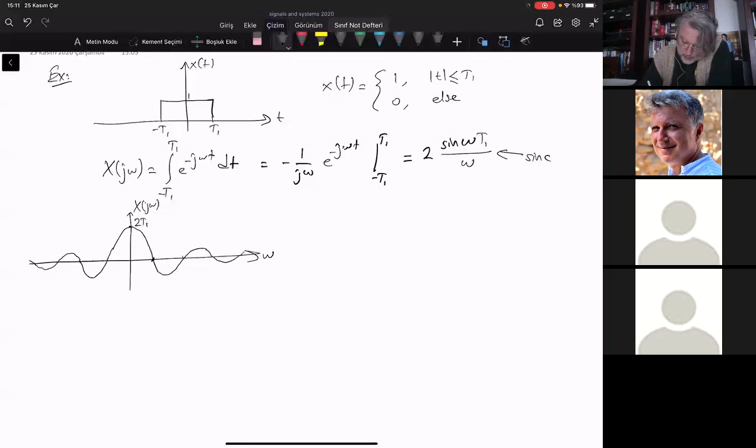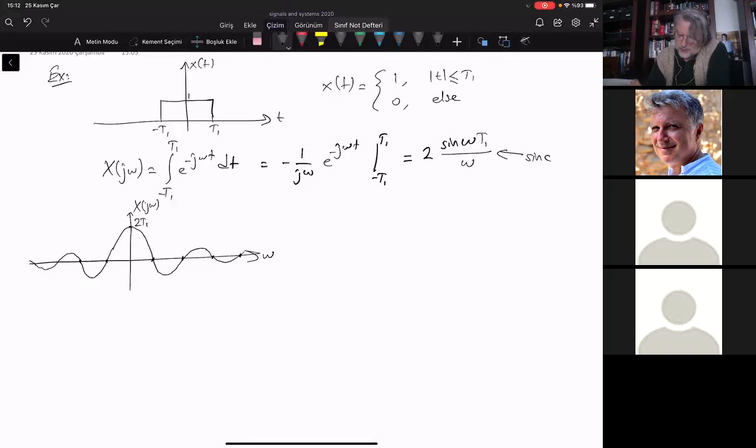These crossing points are, of course, due to the periodicity of sine, therefore they are integer multiples of one another. Like there is the first zero crossing, and the second zero crossing is twice of that.